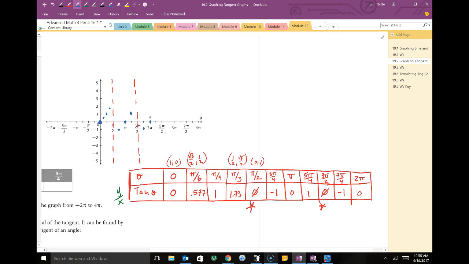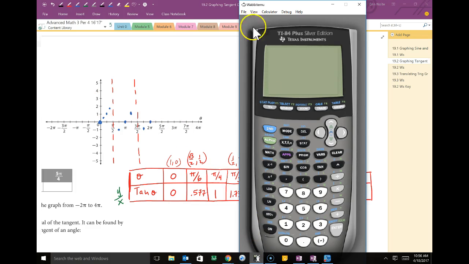So clearly we have a, what does this look like? A bunch of little weird, ooh, very good. Okay, so I did this in the last class period, so I'm just typing the tangent of x into the calculator so you guys can see what this does in fact look like.